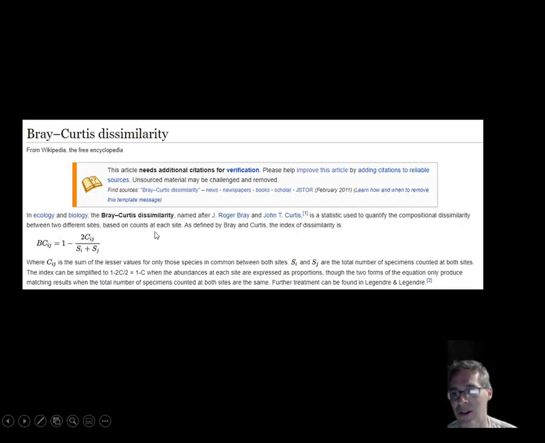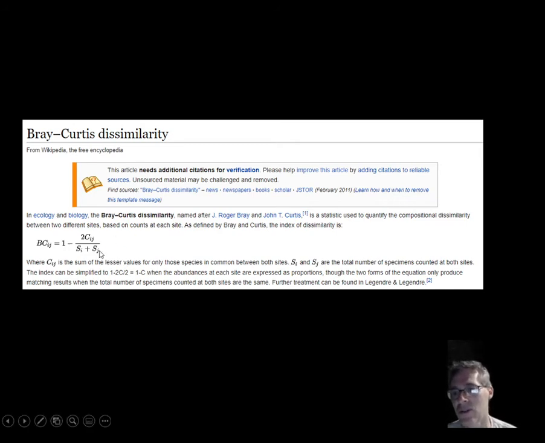This one is called Bray-Curtis. It essentially takes the ratio of the number of taxa in common between two samples divided by the total number of taxa shown in those two samples. So if you have more genes in common, in this case genes, but it's usually used on taxa, you get a Bray-Curtis dissimilarity that indicates the two samples are closer.